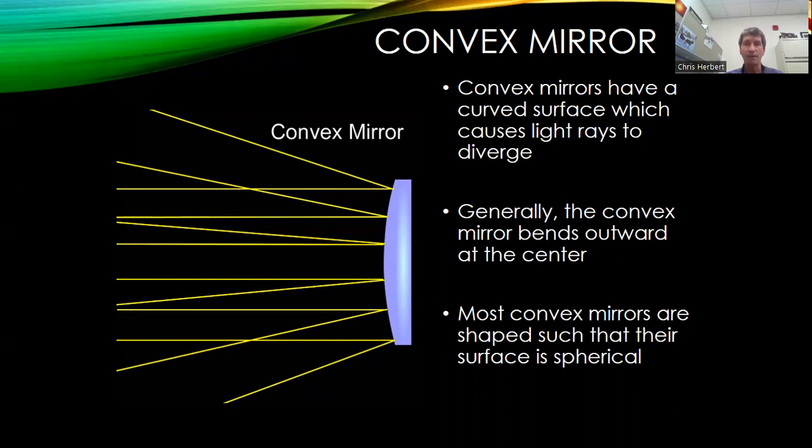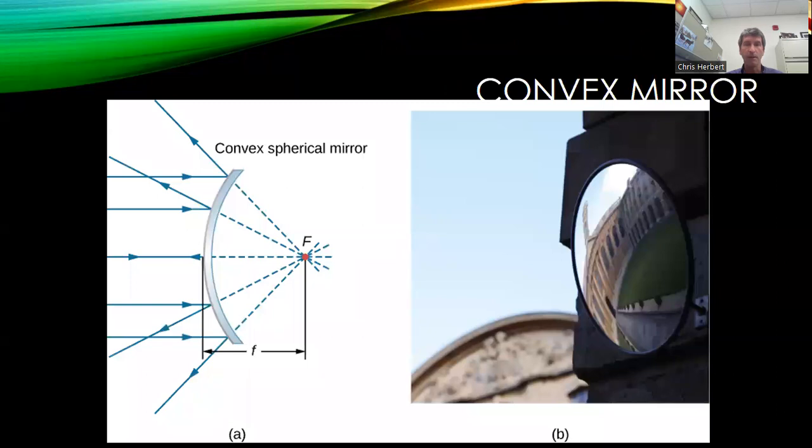These are called diverging mirrors because the rays which are reflected off of them diverge. And if we trace the parallel rays back into space, we would see that the focal point is on the imaginary side, the virtual side.